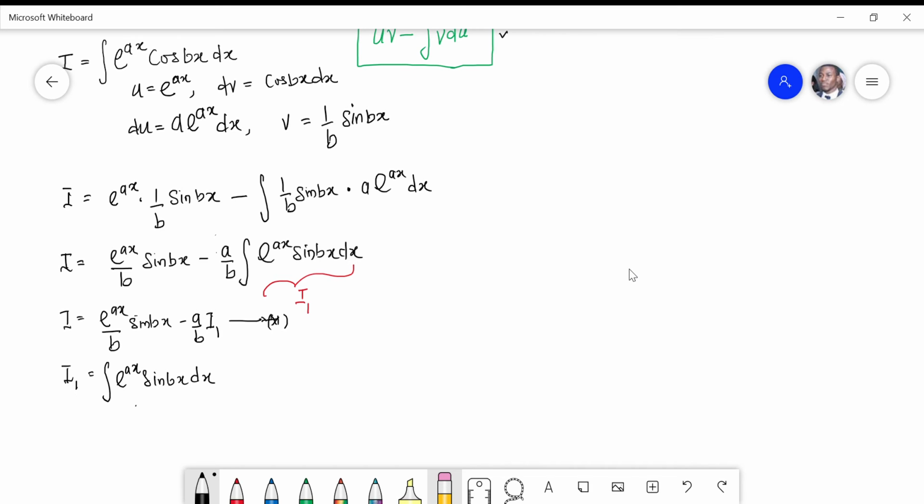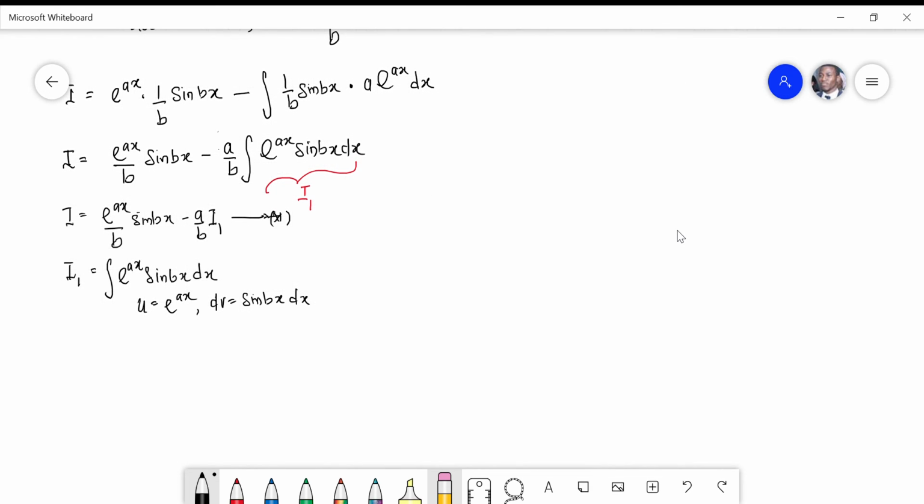So I have my u to be this, and then I have my dv to be sine bx dx, so that I have my du to be a, and then v to be negative 1 over b cos bx.